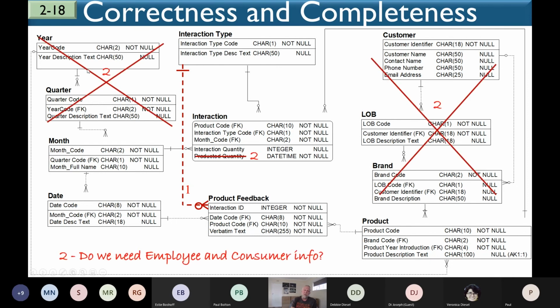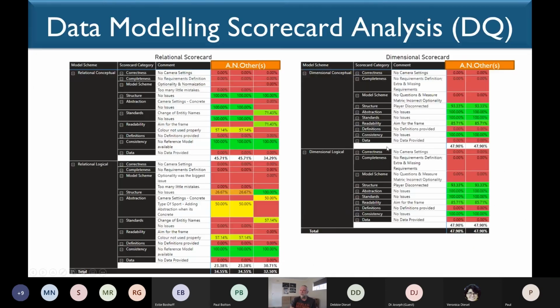We were told that we weren't asked for year and quarter, so we gave more than what we needed, so we should scratch those away, and also these areas over here. So completeness is measured not just in terms of have you met the requirements, but if you over-deliver and overcomplicate, then we should also ask questions on that. So that's how you do it in data modeling.